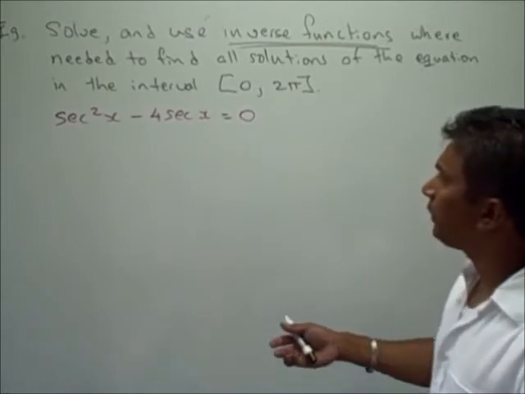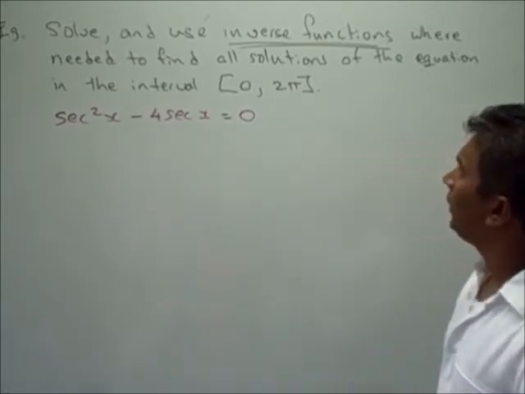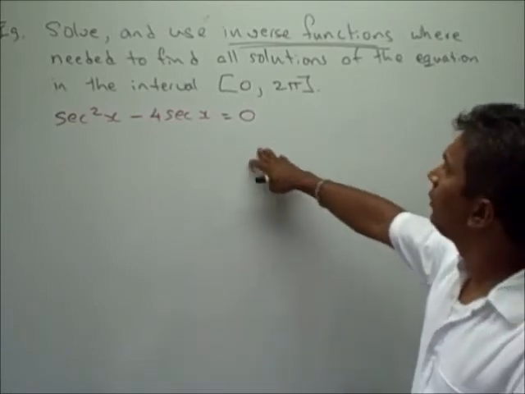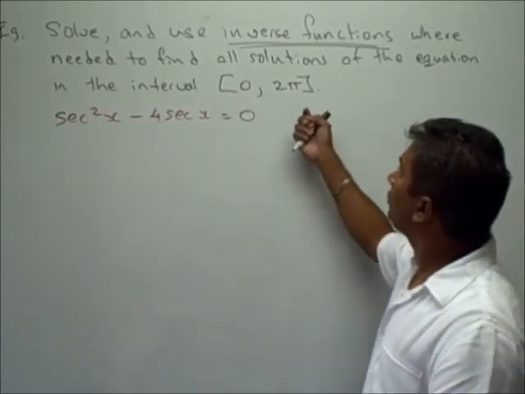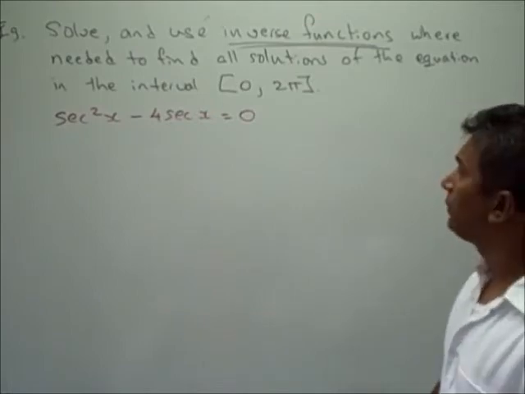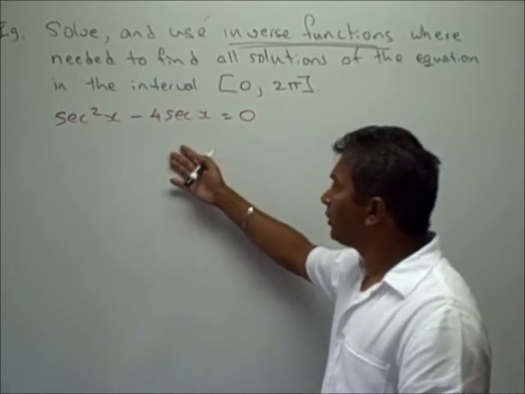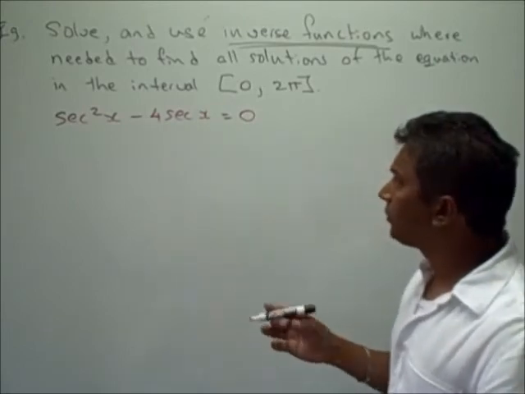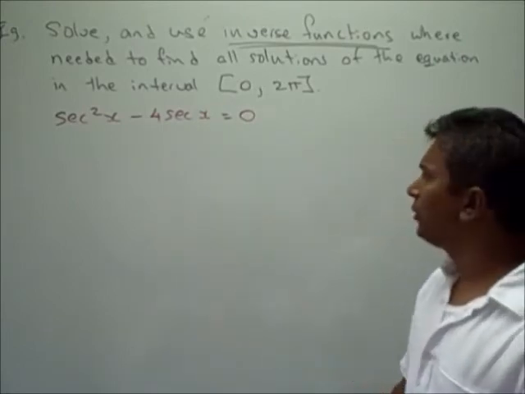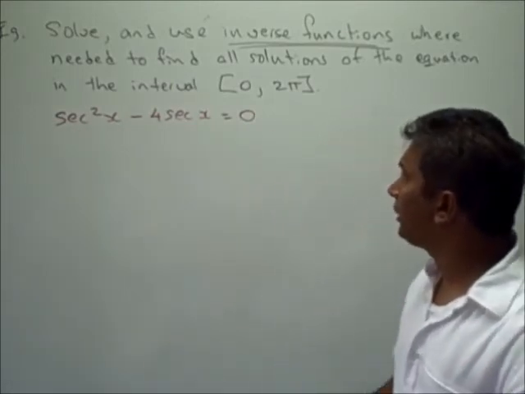Here's another example of an equation quadratic in form, and we're asked to solve this again. Our interval is 0 to 2 pi, and we are told to use our inverse functions where needed. We can once again use our quadratic formula, or we can go back to factorization. Here it seems like it might be a little easier to use factorization since both terms have secant x in them.